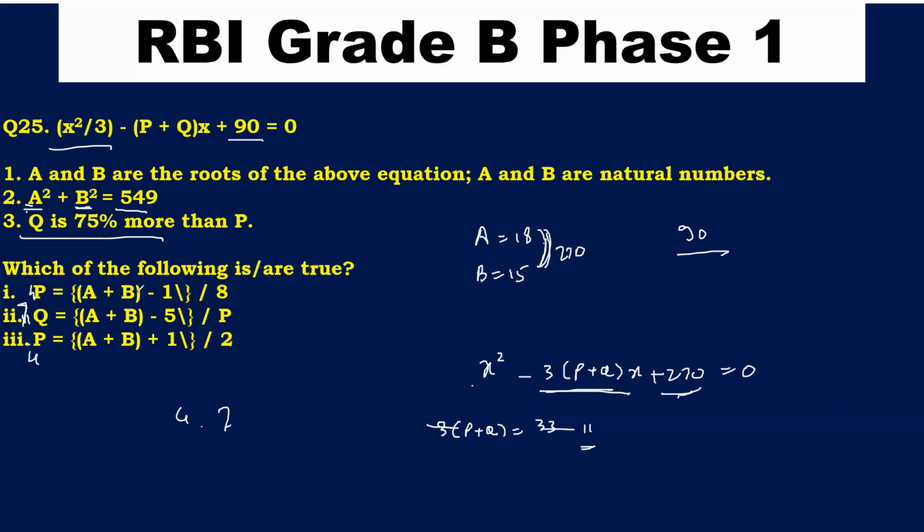So 4 is equal to A plus B, that is 33 minus 1, 32 by 8. Yes. 7 is equal to A plus B minus 5. So 33 minus 5, 28, 28 by 4, that is also true. And A plus B plus 1: A plus B is 33 plus 1, 34 by 2, 17. No, that is wrong. So 1 and 2, they are correct.